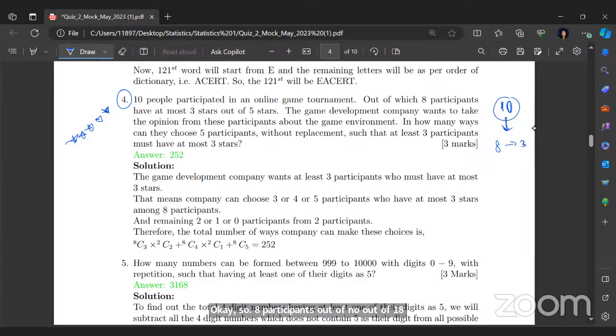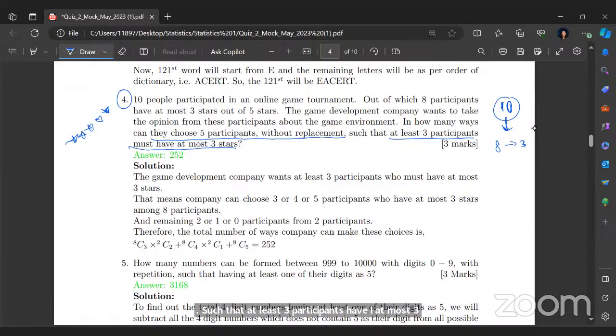Now the game development company wants to take the opinion of these participants about the game environment. So in how many ways can they choose 5 participants without replacement such that at least 3 participants have at most 3 stars?